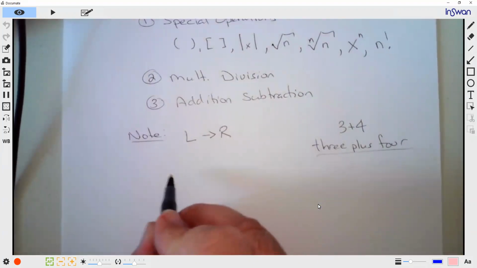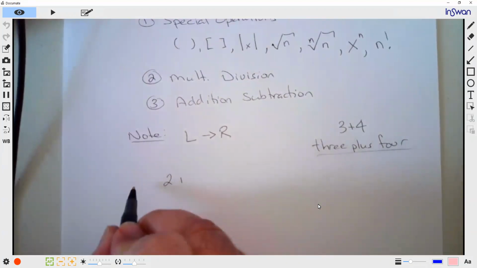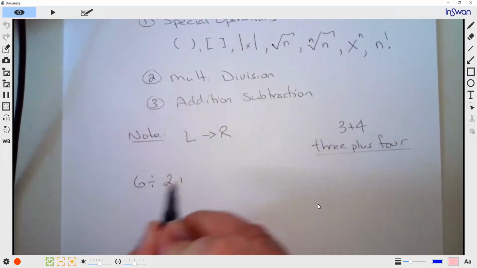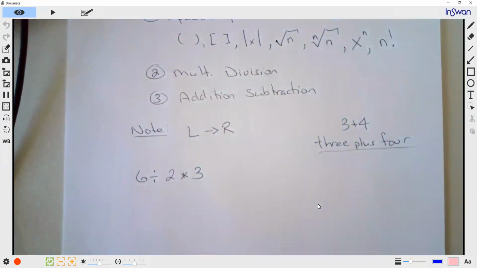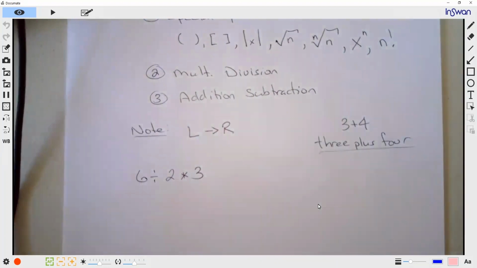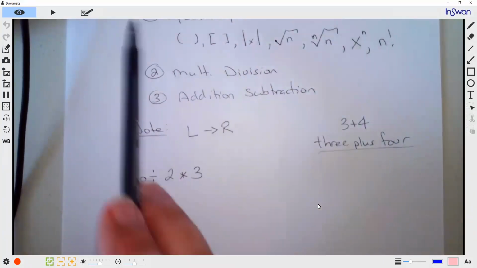So if I give you an equation like this, what would you do? Well, you said to start from left to right. Are there any special operations? No special operations. So we go to the next one.